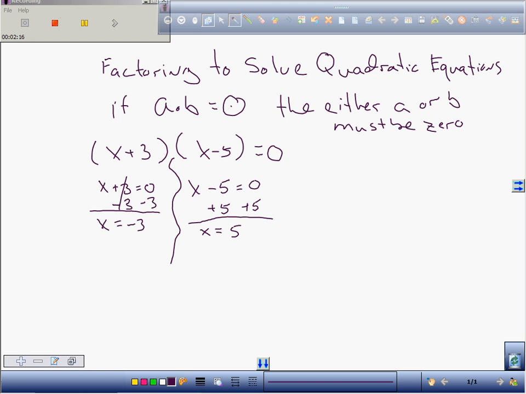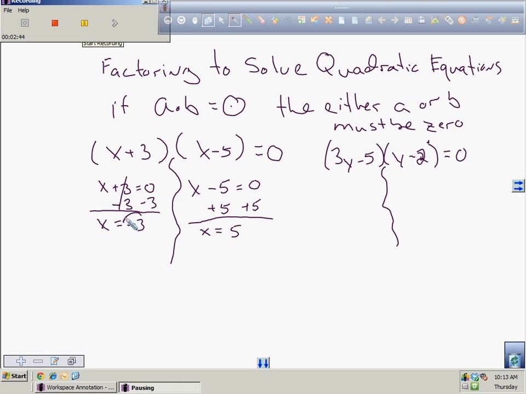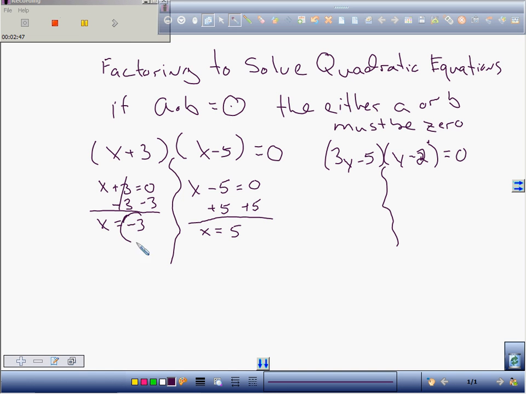So does that have anything to do with A times B equals 0? Yes. If I take negative 3 and put it in here, I get negative 3 plus 3, that's 0, and 0 times something always gives you 0.